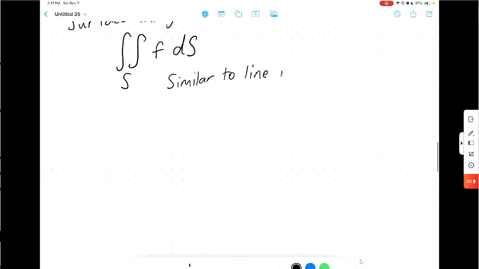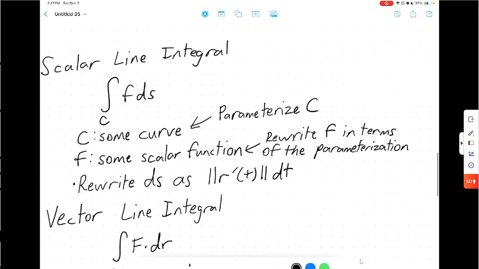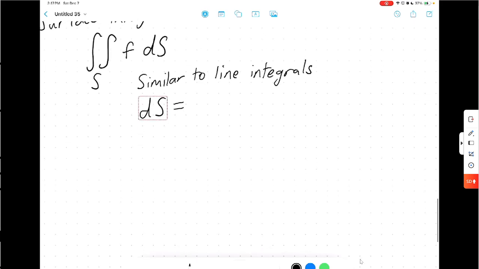This is similar to line integrals in the sense you're going to again parameterize the surface, except here your dS, instead of just being the magnitude of the derivative, because we're working with multiple variables at the same time for the parameterization, will be the magnitude of the partial of r with respect to u cross the partial of r with respect to v, like so.